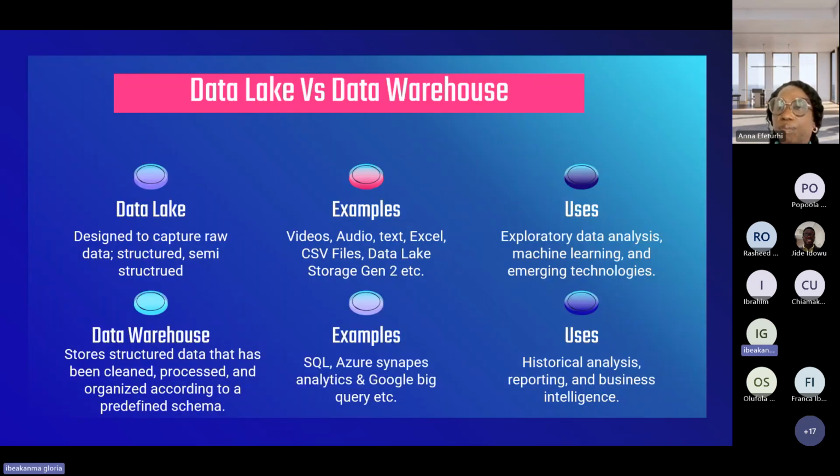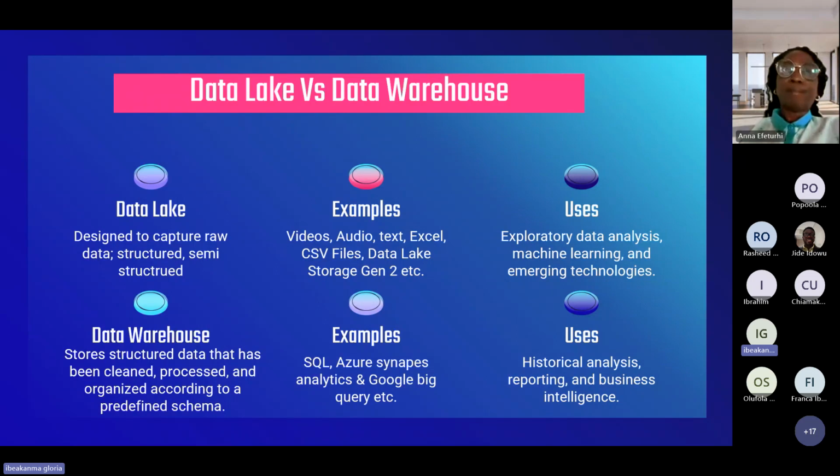Now, I want to look at data lake and data warehouse. These are terminologies that we use frequently on Microsoft Fabric. So what exactly is a data lake? A data lake is designed to capture raw data, structured or unstructured. We can get them and put them on our data lake.